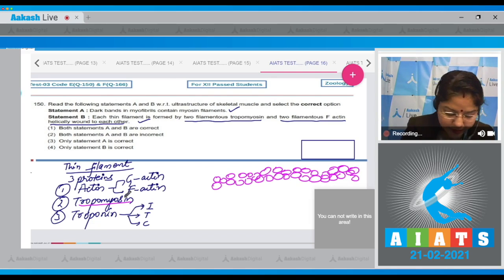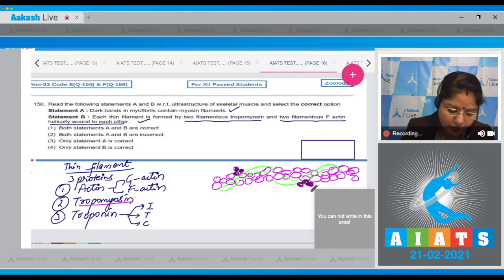Tropomyosin is fibrous and two molecules of tropomyosin are present in thin filament, which are helically coiled around actin. Troponin has three components, and troponin is present at regular distances on tropomyosin. This is the structure of thin filament.